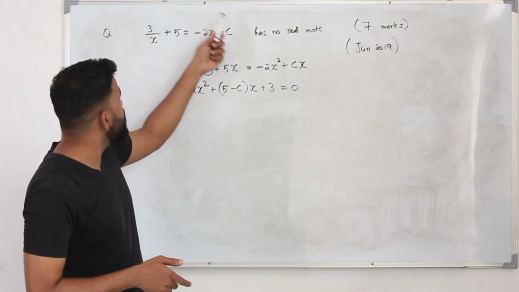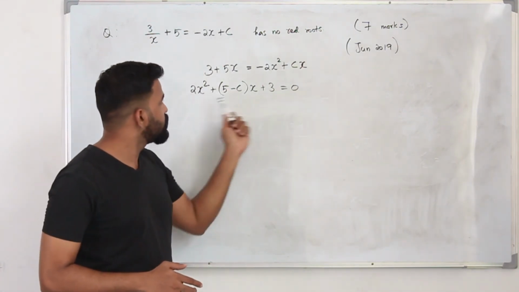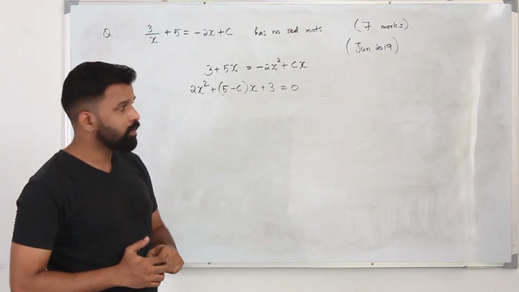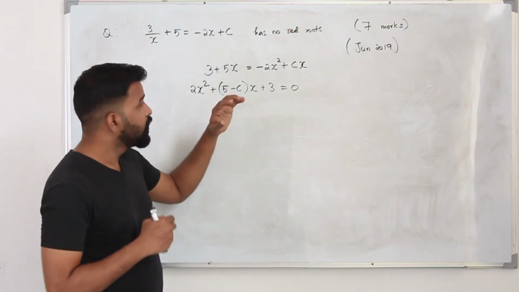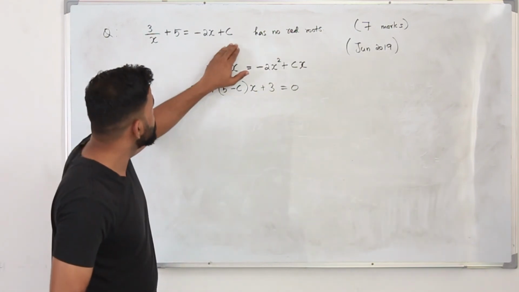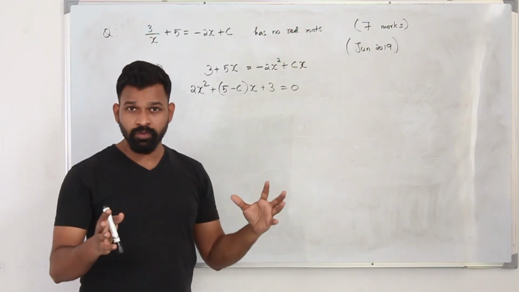So this is the first step you do. You can be given any weird looking equation, convert them to a quadratic form, the general form of the quadratic equation. Now, as I always say, you need to read the question word by word very carefully. It says, this equation has no real roots.